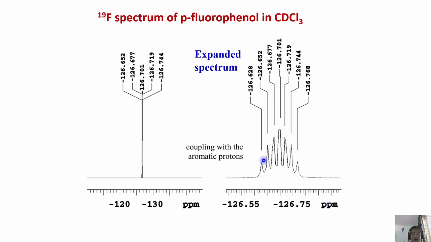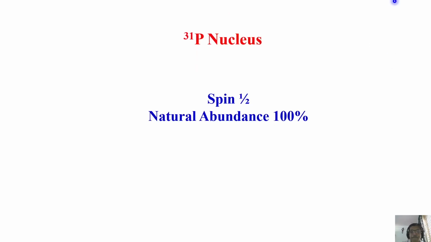We will try to understand: 1, 2, 1, one triplet, 1, 2, 1, one triplet, 1, 2, 1, one triplet. So all three triplets are overlapped here, and this is the fluorine spectrum. If you analyze this, you can get which is the larger triplet and which is the smaller triplet. You can get the coupling of fluorine to ortho protons and also to meta protons. Very easy. Okay. This is a simple fluorine spectrum.